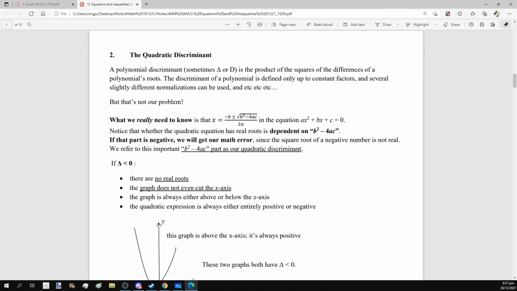So we will learn about this thing known as the quadratic discriminant. What we need to first understand is that inside your quadratic equation, this is the math problem. Inside the quadratic equation, we actually have a formula that always tells us the answer, right?